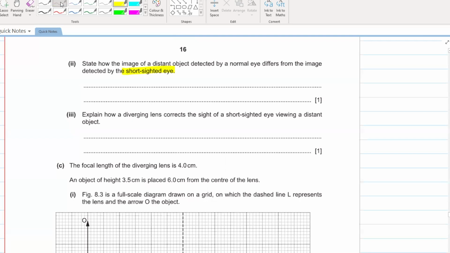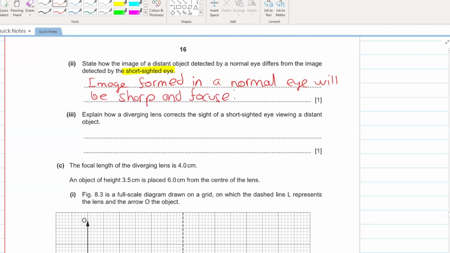You can write it here: image formed in a normal eye will be sharp and focused, whereas image formed in a short-sighted eye will be blurry.